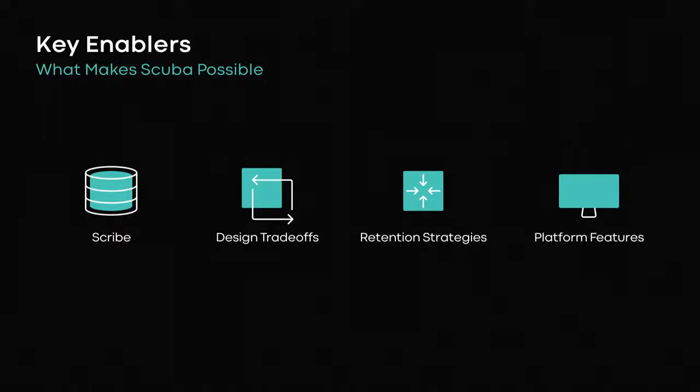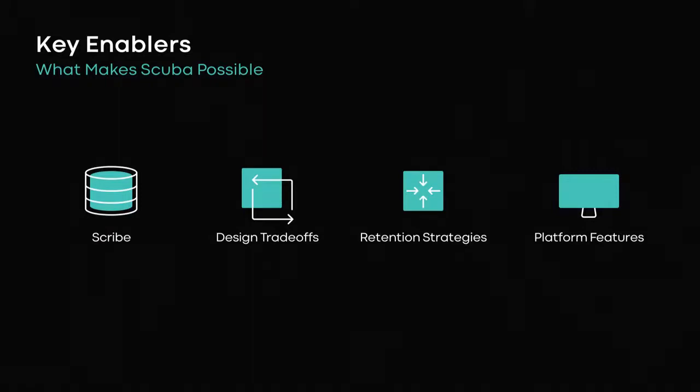So we're instead going to focus on the design trade-offs that we had to make to make Scuba possible. To be able to support a wide variety of use cases in a centralized manner, we had to be really opinionated about what Scuba does and what Scuba does not do.